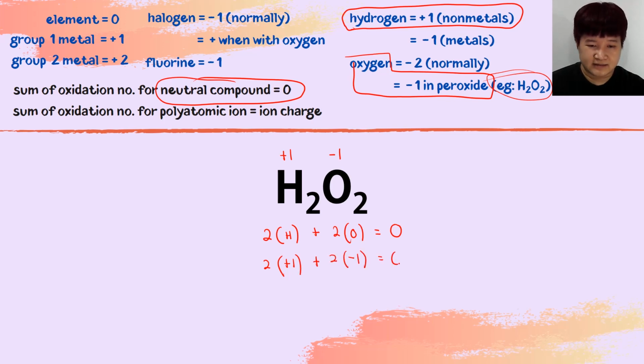If you work out the mathematics, you realize that they will equal 0. And it's now proven that the rules above are correct, where the total oxidation number for the neutral compound must be 0. The hydrogen with the non-metal must be +1. The oxygen in peroxide must be -1.